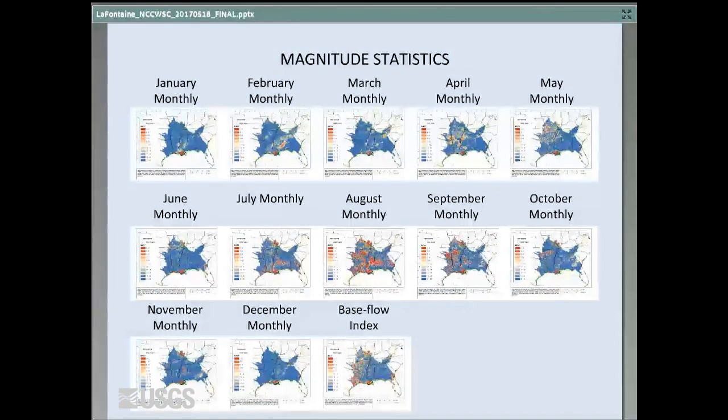And so looking at a subset of the magnitude statistics, looking at long-term monthly flows across the GCPO for each of the 12 months, as well as looking at a base flow index. And so for each of these plots, there were 22 general circulation models that were used in this study.